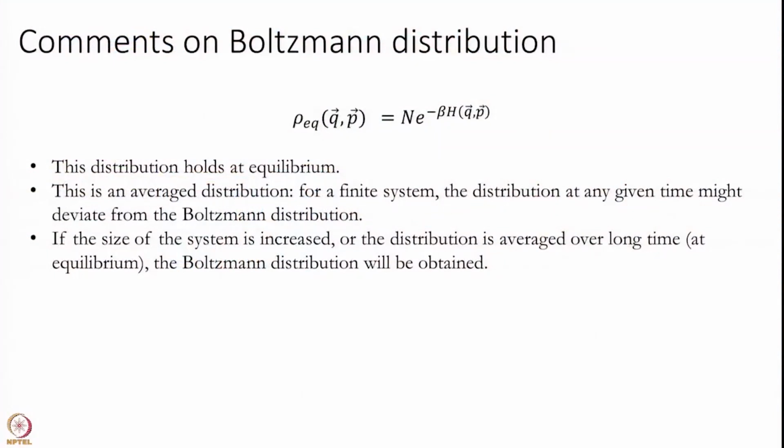That distribution might not follow this Boltzmann distribution. However, if you increase the size of this system, instead of 1000 I use a million, a billion, 10 to the power of 23, 10 to the power of 100. As this number keeps on increasing, my distribution will tend to this Boltzmann distribution.